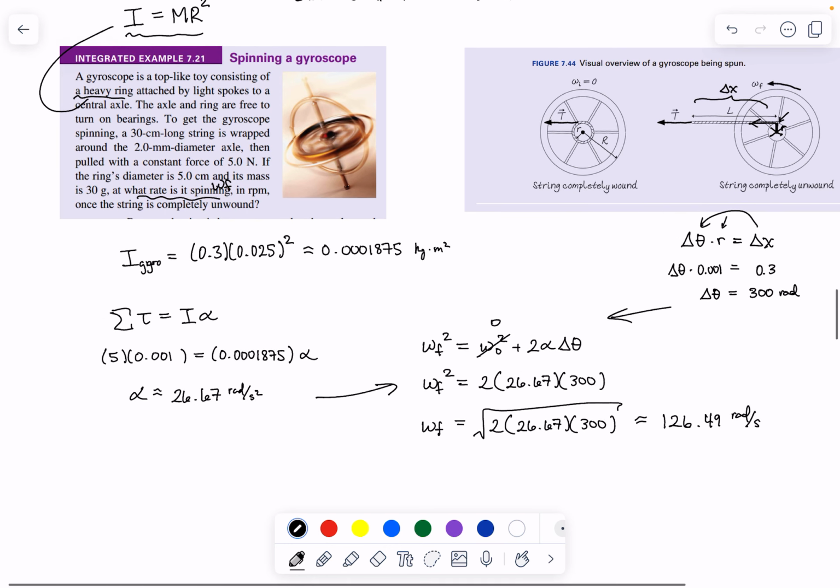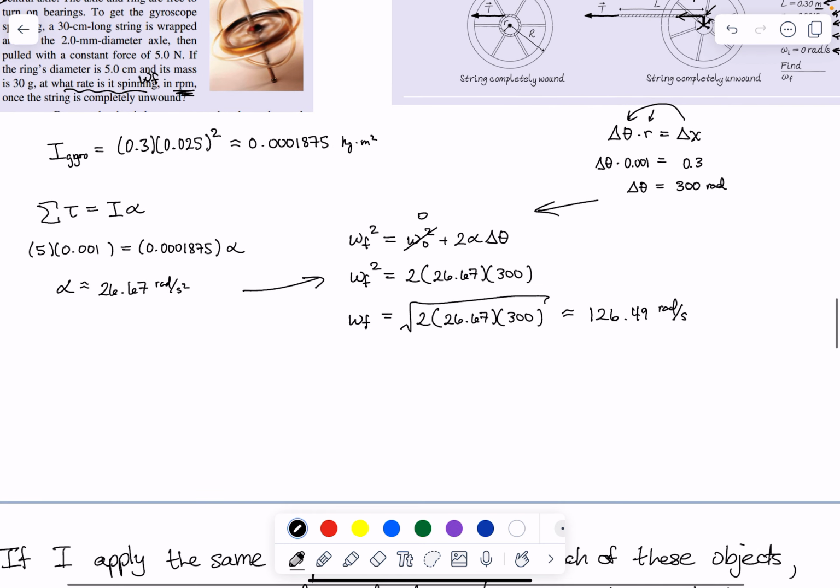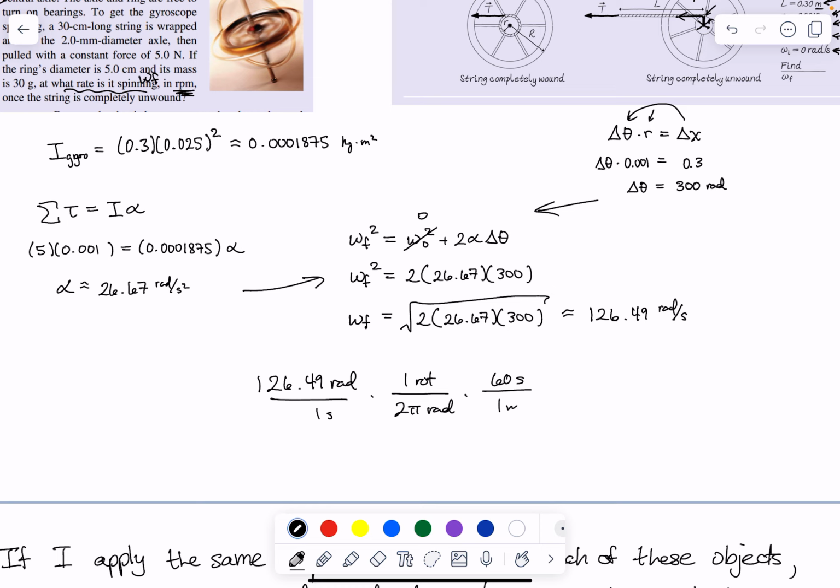So we have one more step because we want the answer in RPMs, right? So just do a quick little unit conversion. This would be radians per 1 second. There are 2 pi radians in 1 rotation, and there are 60 seconds in 1 minute. Right, you've got to make sure your units all cancel.